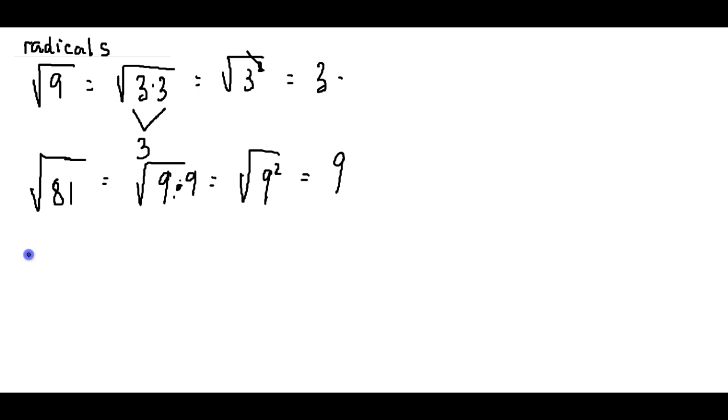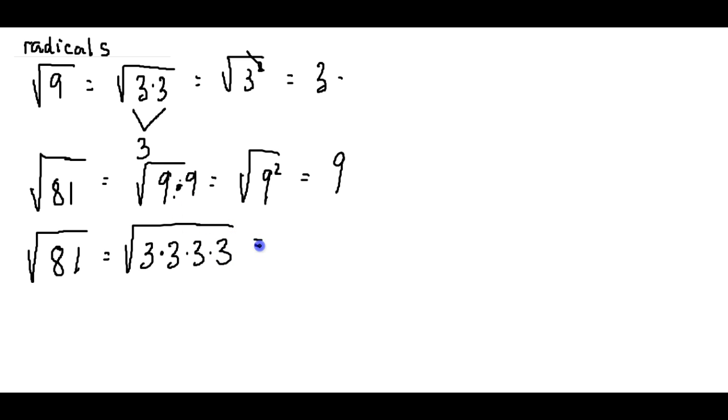But let's look at it a little bit differently. The square root of 81 also equals the square root of 3 times 3 times 3 times 3. And 3 times 3 is a pair of 3's, so we can pull a 3 out in front of the radical sign. So that's 3, and then we're left with the square root of 3 times 3 under the radical.